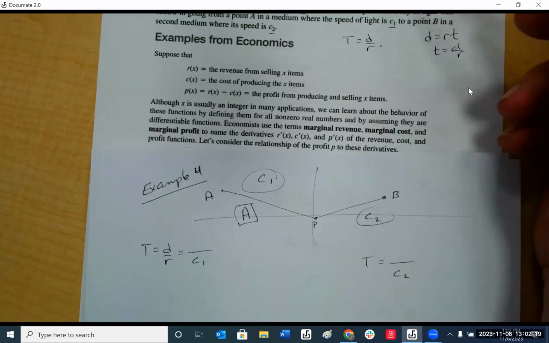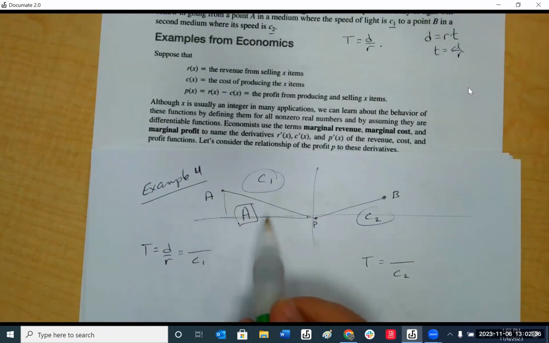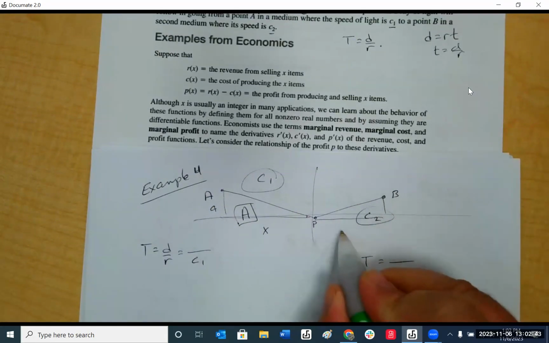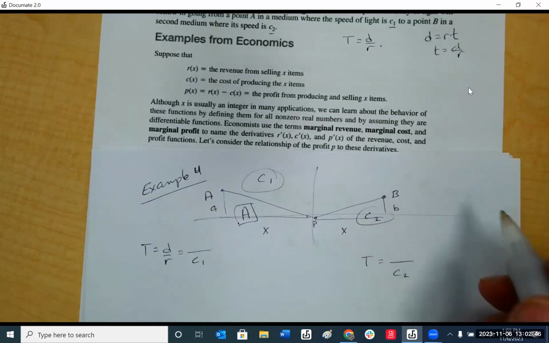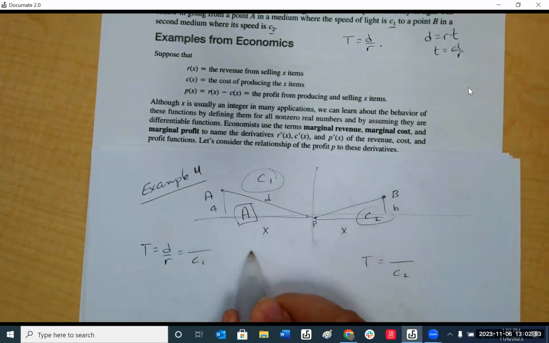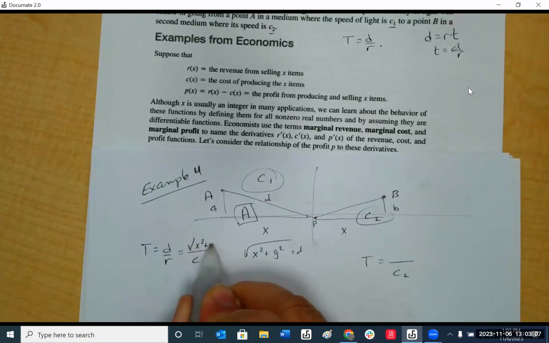Light travels from one point along a path whose time is the minimum. Describe the path of light. Distance traveled from here to here, that's x, and we'll call this one A. This one's x, and we'll call that one B. So the distance is x squared plus y squared equals d squared, so it's the square root of x squared plus y squared.